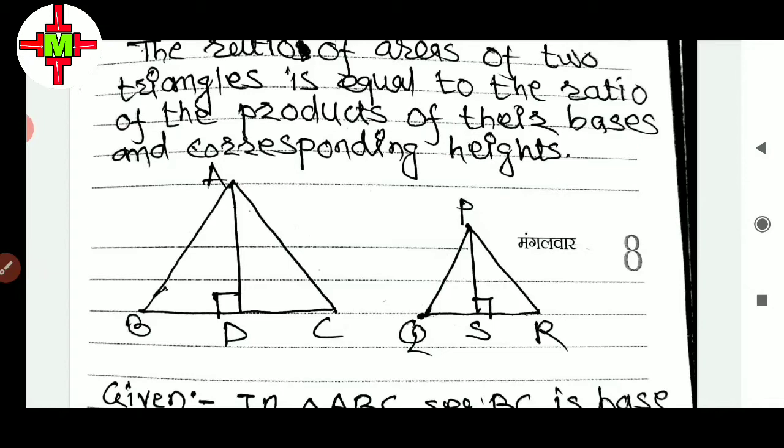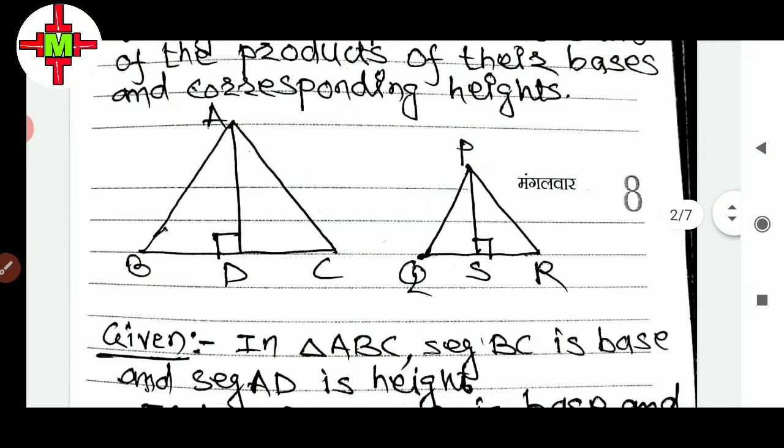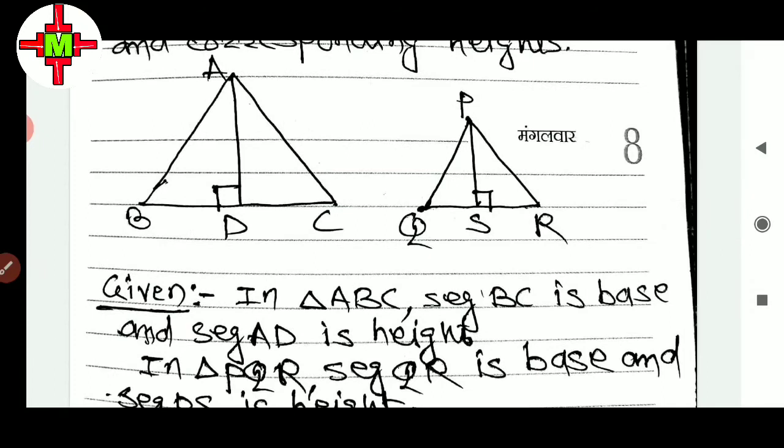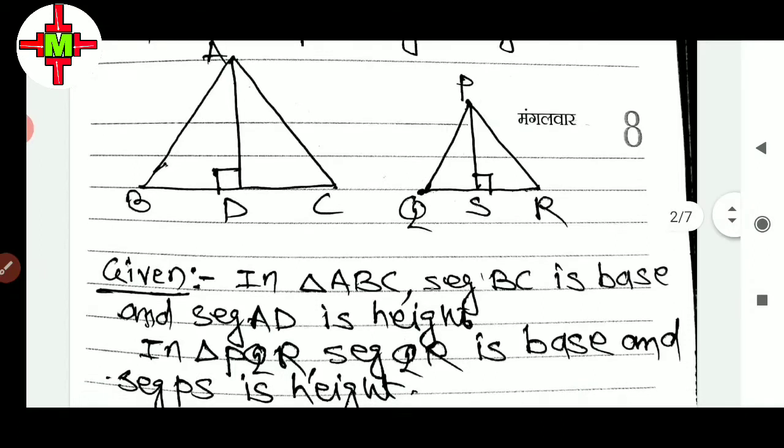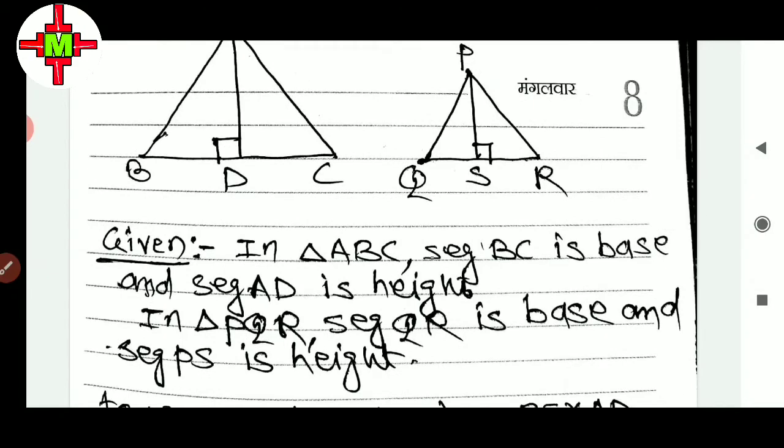We draw two triangles ABC and PQR with base and height. Now what is given to you? In triangle ABC, seg BC is the base and seg AD is the height. In triangle PQR, seg QR is the base and seg PS is the height.